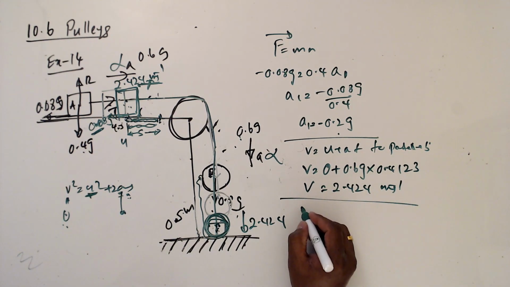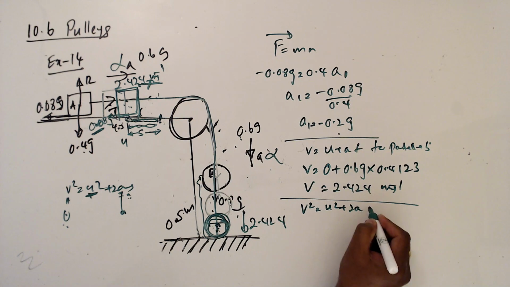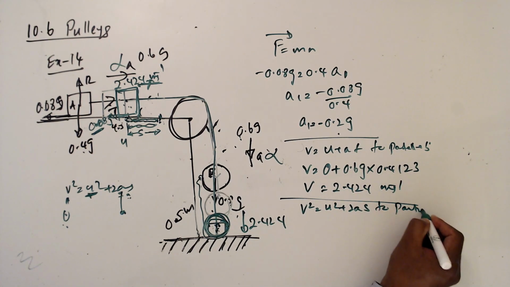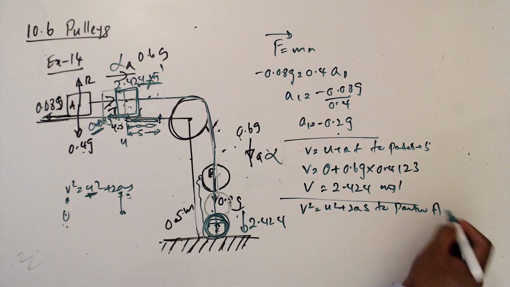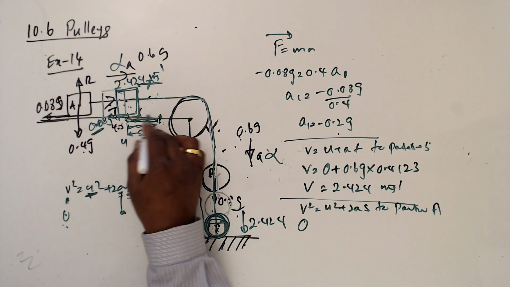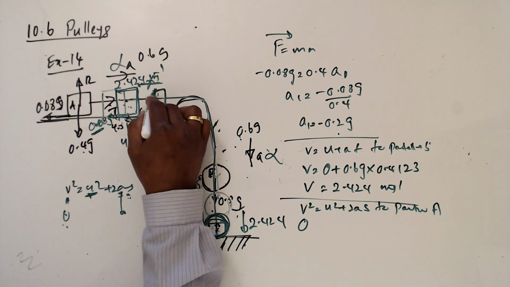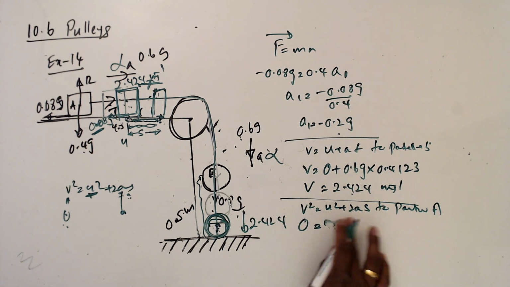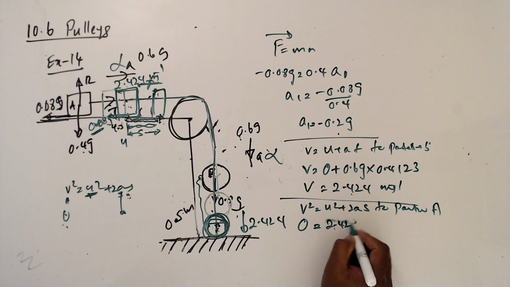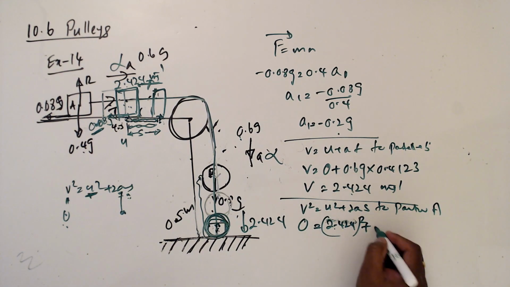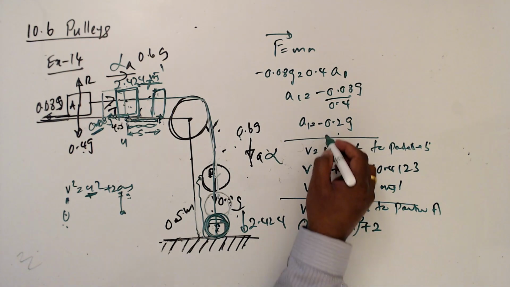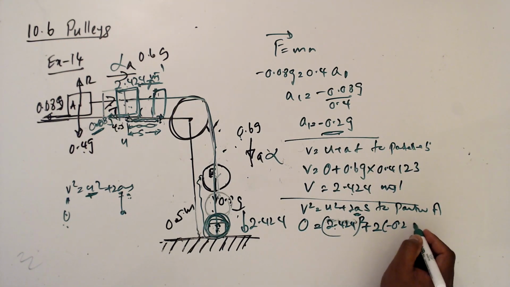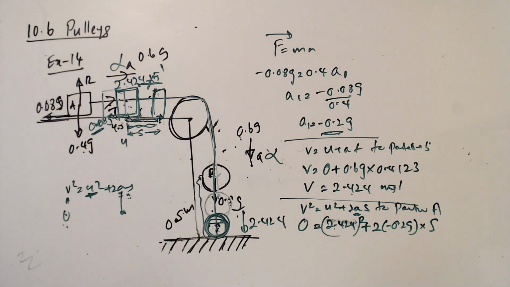Now v squared equals u squared plus 2as for particle A. So v squared is 0, when it comes to rest, and u we found out is 2.424, so 2.424 squared plus 2 times the a value we found out, that is minus 0.2 g, and this is s.